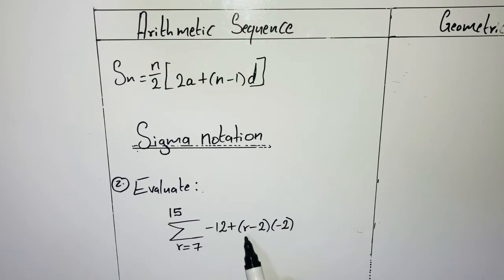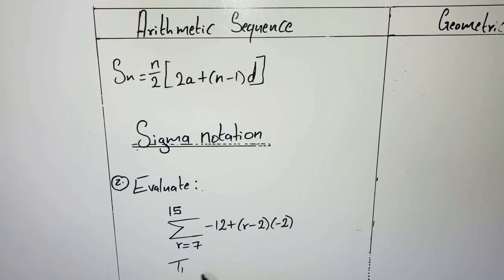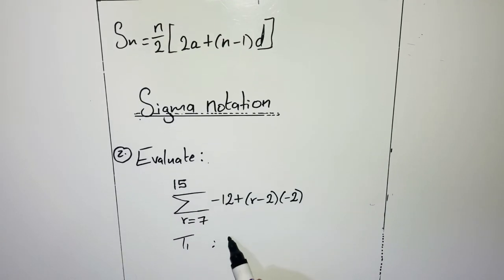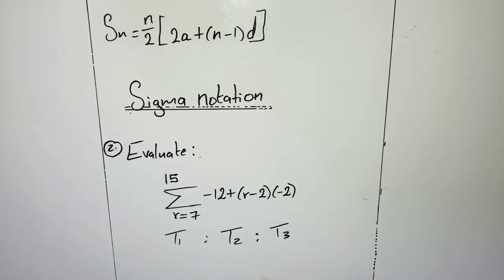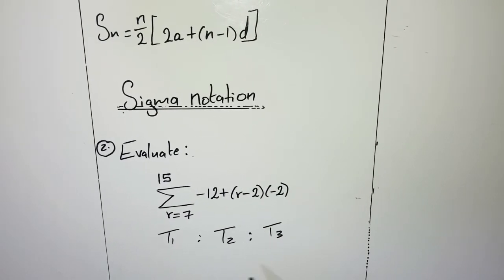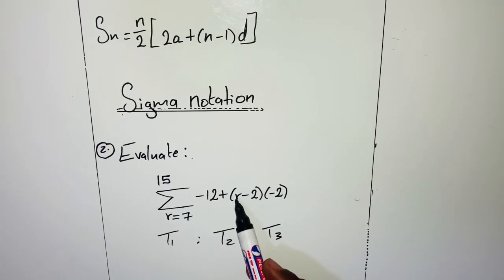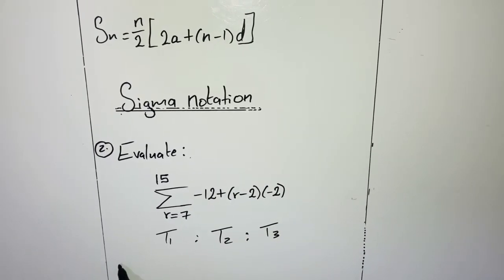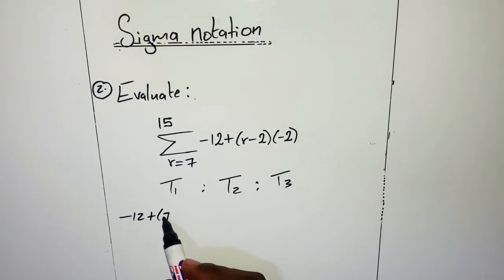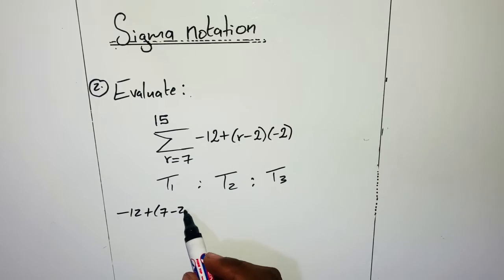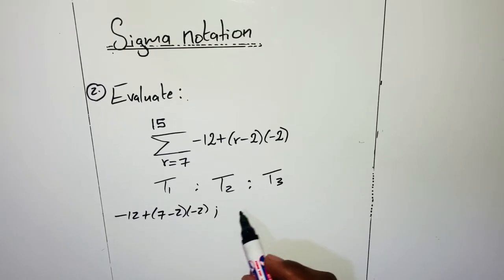You must put a 7 where there is r to get your T1, then T2, then T3. Let's go for negative 12. When you substitute a 7 minus a 2 to the negative 2, you get your T1.